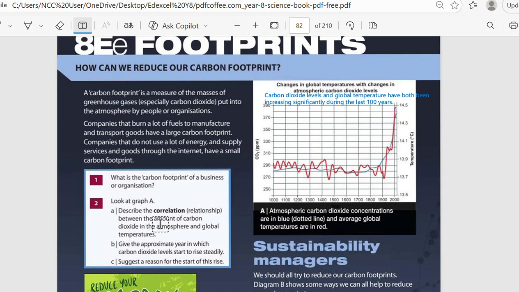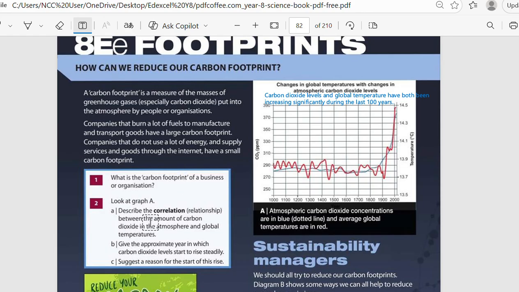Right, so for the correlation, you can say that carbon dioxide levels and global temperature have both been increasing significantly during the last 100 years. Last 100 means from 1900 to 2000. So that is where the spike is starting. There is an increase there. Can you see that? Yes.